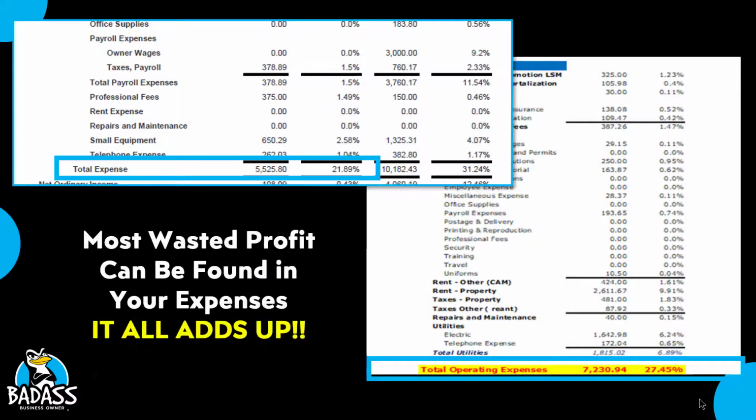At the end of the day, you're going to have money that is spent. In our top example, you'll see 21.89% is going out in expenses. When we get to the profit or loss side of it, you're going to see why that's important if you watched the other videos. And then the other side here in the ice cream one, you can see it's 27.45, and you can see how all these add up and they start to make a higher percentage.